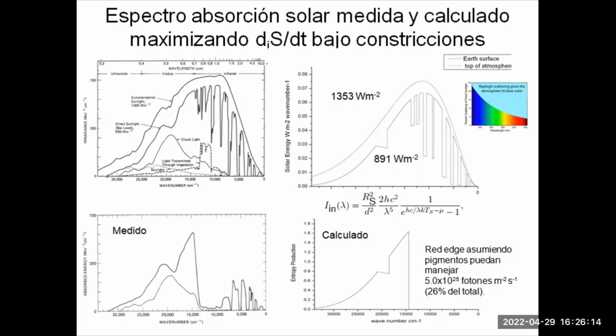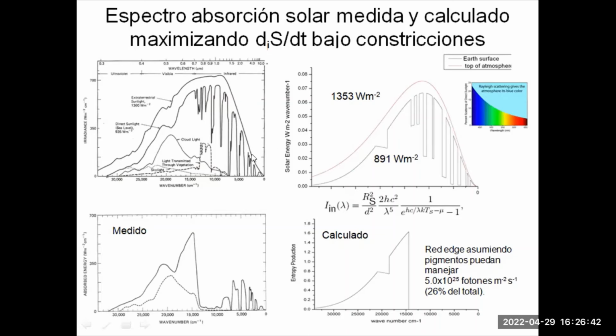And so we just start counting the number of photons in each wavelength bin until we get to this number of 5 times 10 to the 25. And when we do that, we end up right here, almost perfectly where it's found in nature. So this is the simulation, assuming that we are optimizing entropy production rather than photosynthetic efficiency. And we get almost the same absorption spectrum.